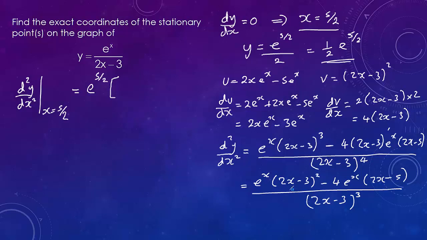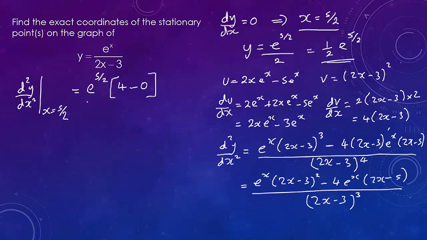Now the 2x minus 3, if we put 5 over 2 in here, that's going to be 5 take away 3, 2, so it's going to be 4. And then here, that's going to be 5 take away 5, it's going to be 0. That term was all going to come to 0.